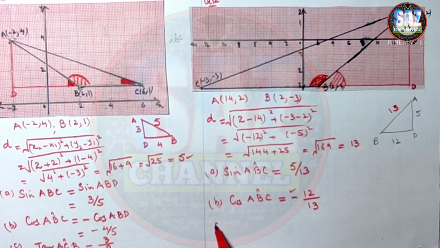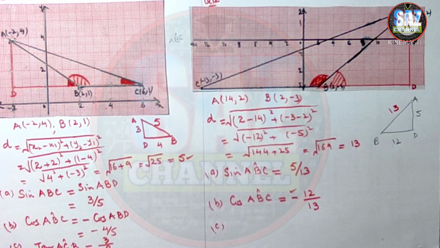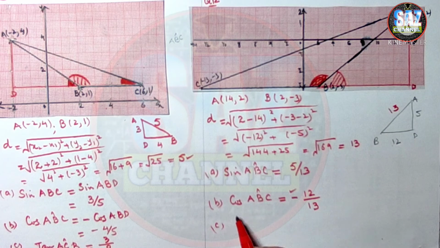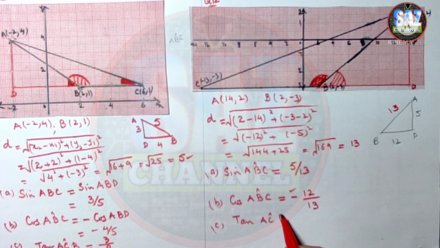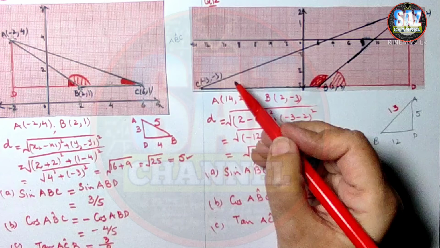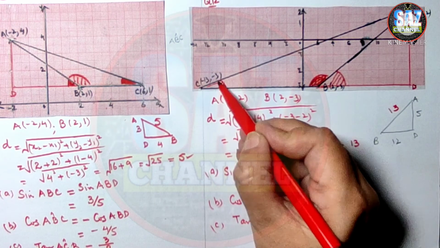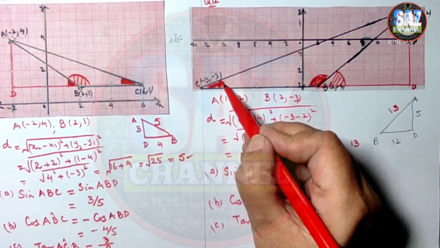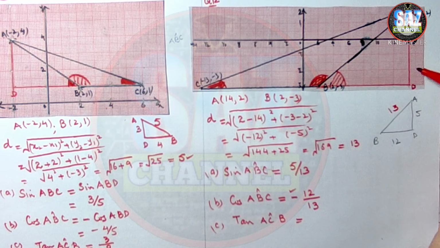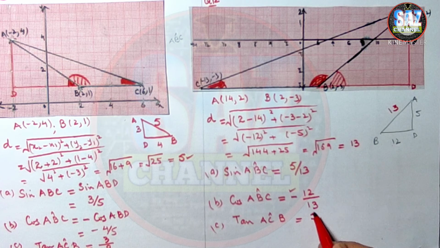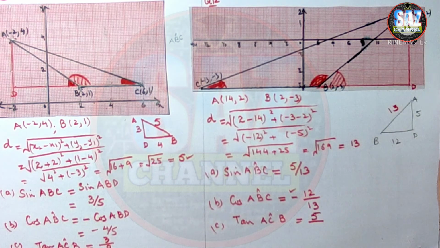And the last part is the tangent of angle ACB. Now we have to find the tangent of this angle ACB, and tangent requires opposite upon adjacent, and opposite is 1, 2, 3, 4 and 5 units. And let's talk about the adjacent, how many units are coming in the base.